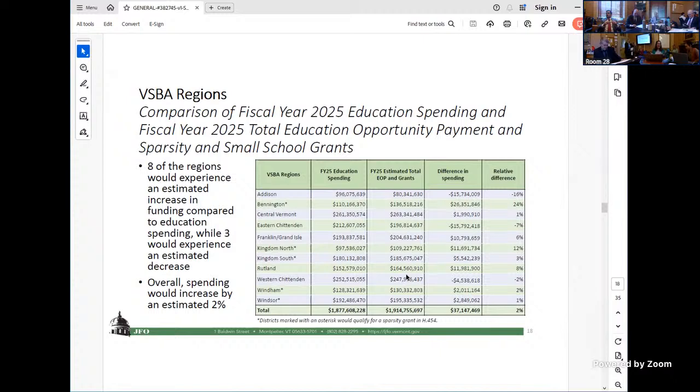How many students are being captured and where those lines are drawn will determine both the students within them and whether there is a sparsity grant. Depending on how the lines are drawn, you'll see throughout the analysis that different regions are identified as sparse or not sparse, which would impact funding. Well said. Okay, that's really helpful.